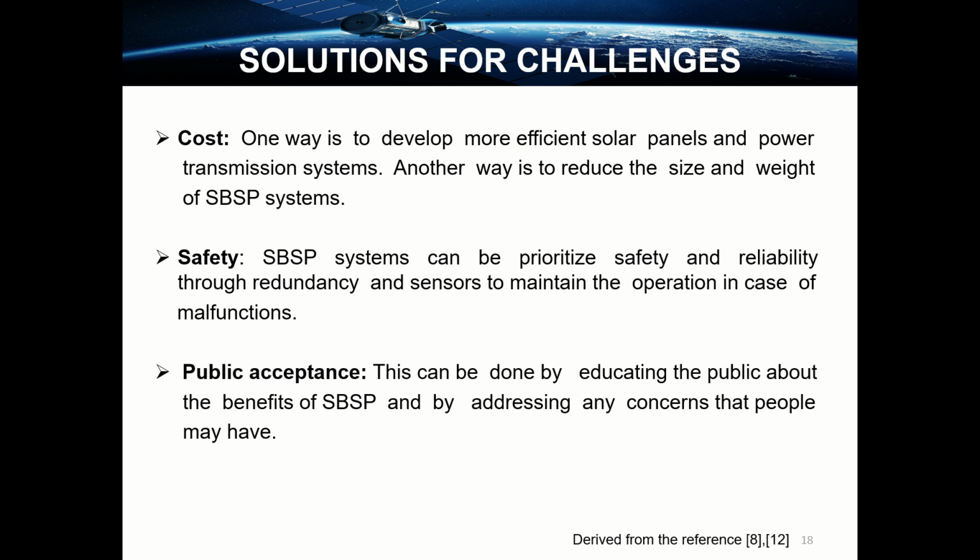Space-based solar power systems can prioritize safety and reliability through redundancy and sensors to maintain operation in case of malfunctions. Third is public acceptance. This can be done by educating the public about the benefits of space-based solar power and by addressing any concerns that people may have.